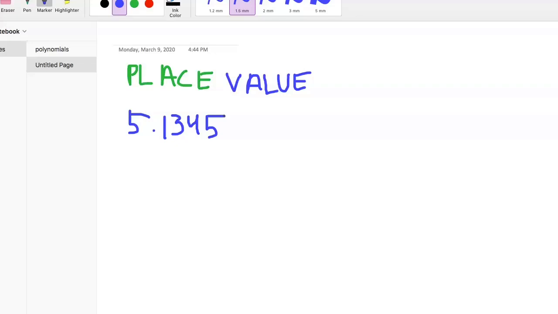Okay, so here are the rules. Let's say they wanted the tenths place. The answer is either going to be 5.1, which means we just leave it the same, or 5.2. Those are the two possibilities.